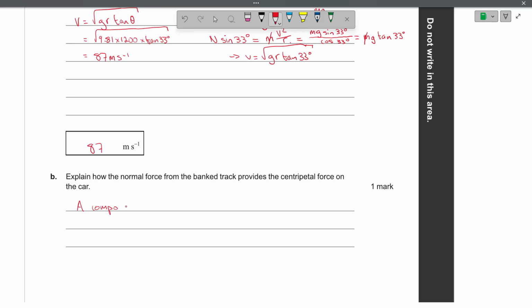A component of the normal force acts as an unbalanced force pointing to the center of the car's turning path.